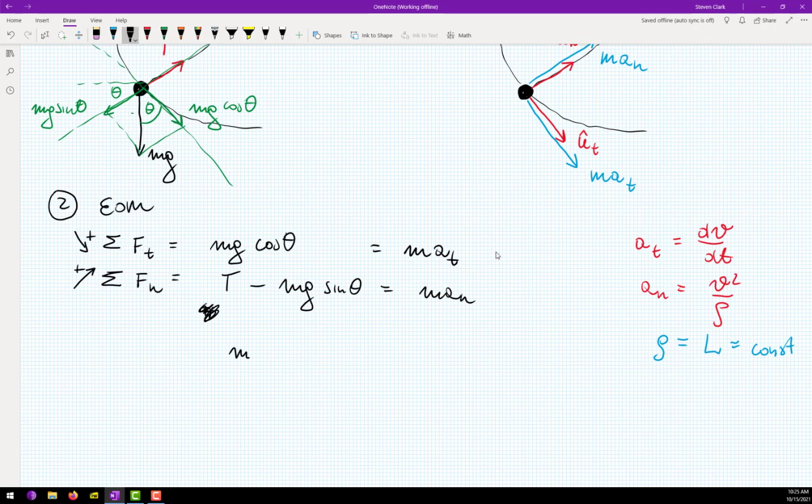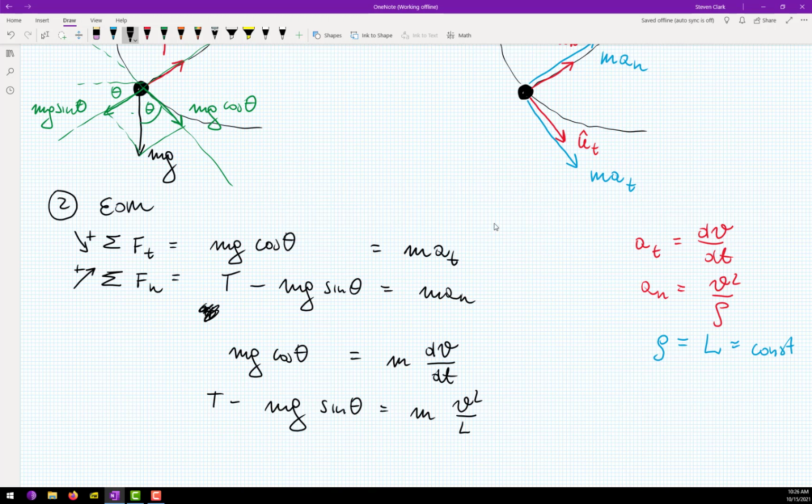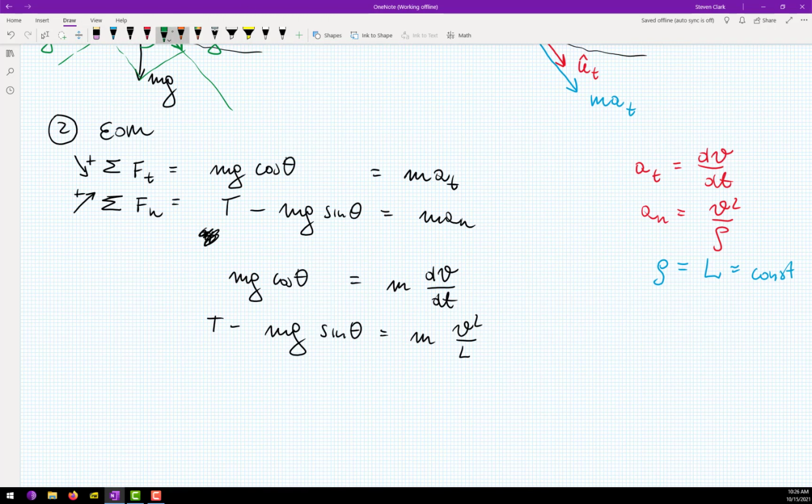We will have mg cosine theta equals m dv/dt. And also we have T minus mg sine theta equal to m v squared over L.